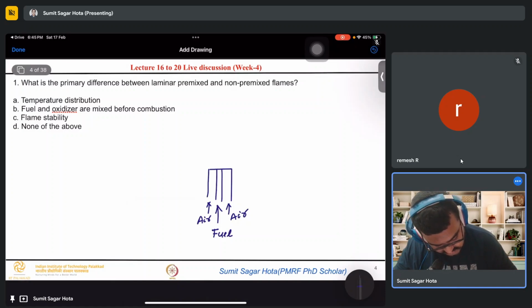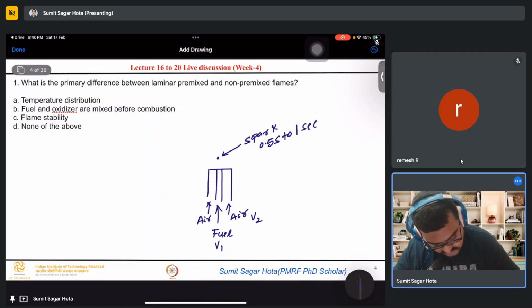The fuel has some velocity, maybe v1, and the air has some different velocity, maybe v2. Maybe in this location we have to apply some spark, maybe for 0.5 second to 1 second.